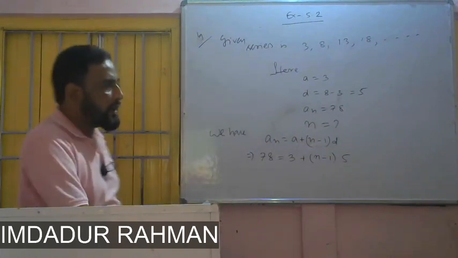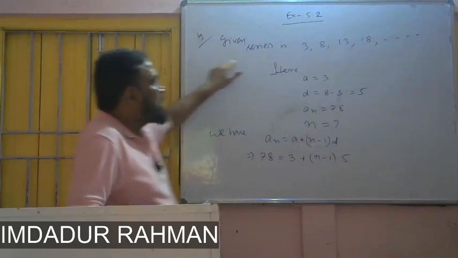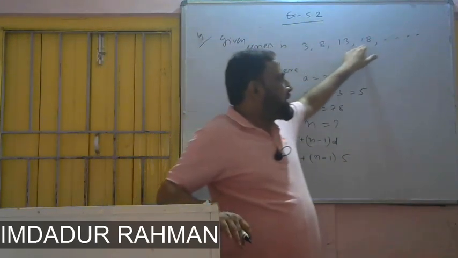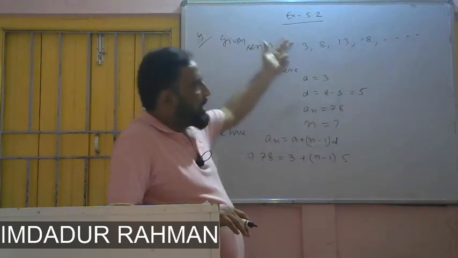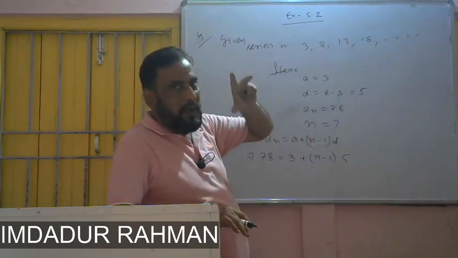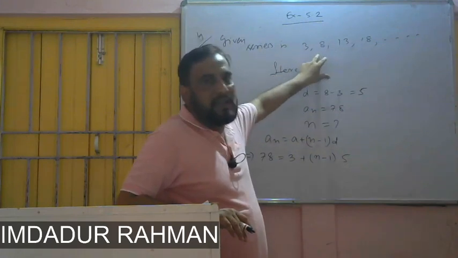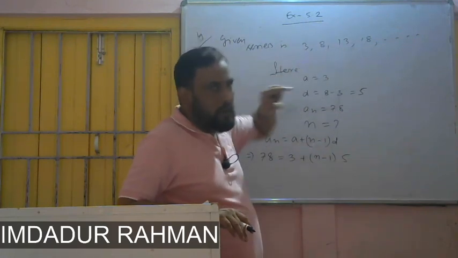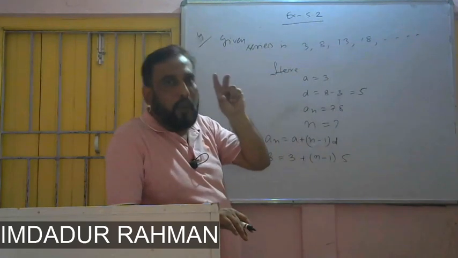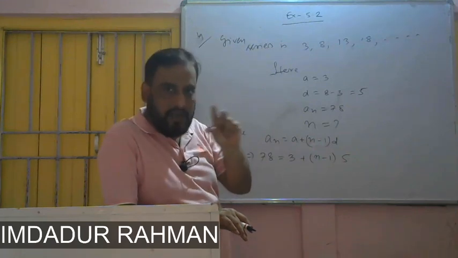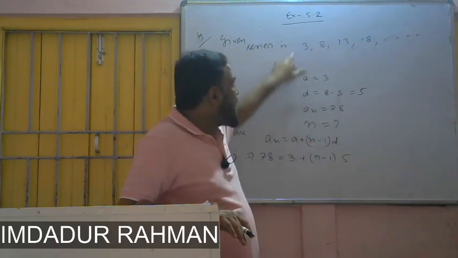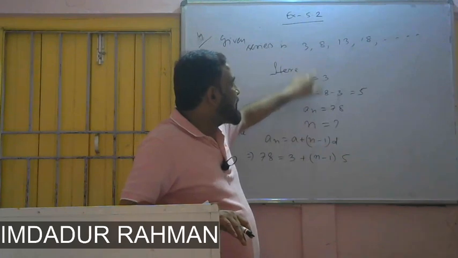Just look at the blackboard. Your series is 3, 8, 13, 18, dot dot dot. You have been given a hint that a term is 78, and we have to locate which term it is. A is the first term, 3.